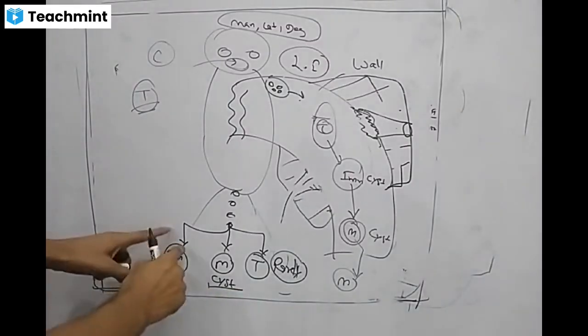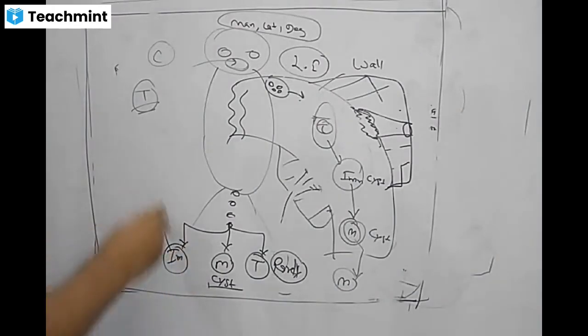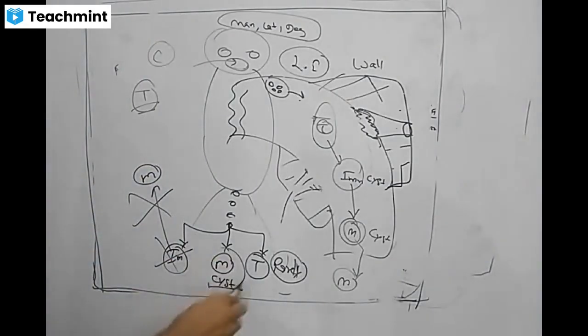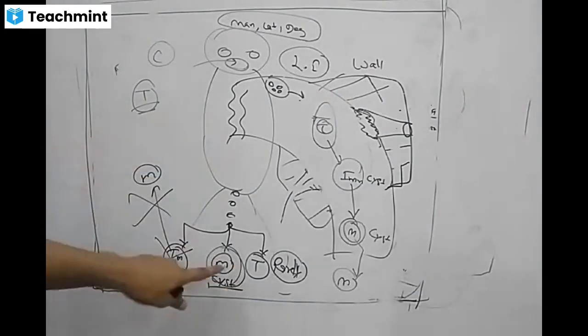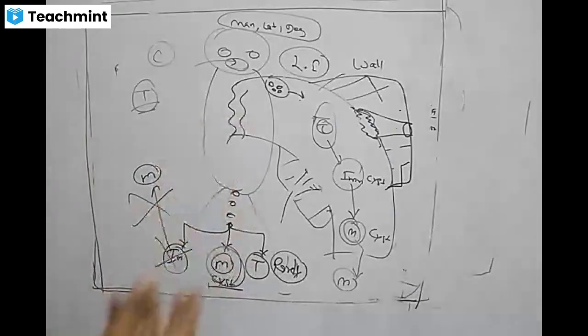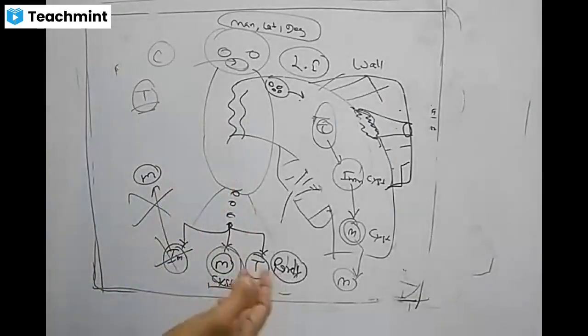So what is the fate? What happens with this immature cyst? Outside the body, it will never convert into mature cyst. It will disintegrate. The mature cysts outside the body will survive, and if you take a stool sample and examine under the microscope, you will find mature cyst.